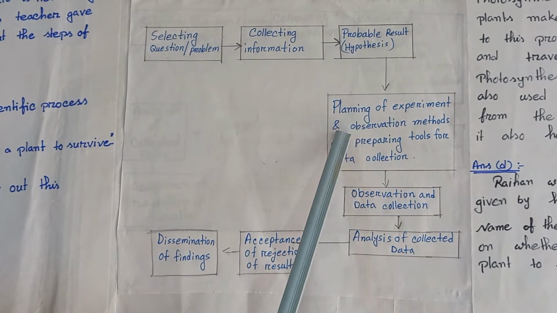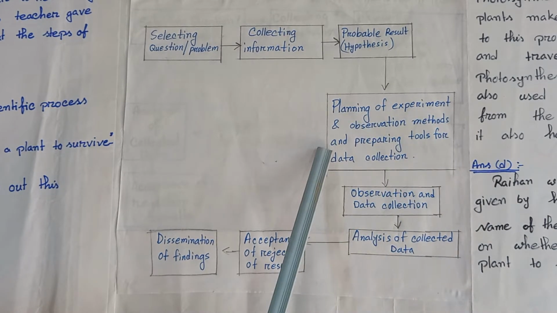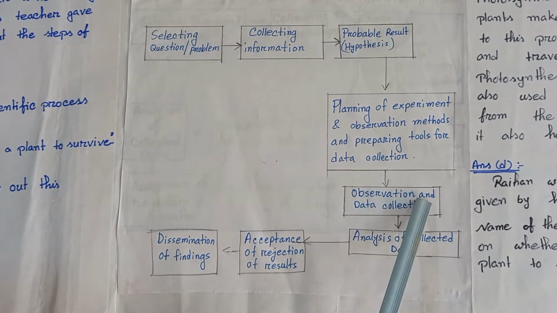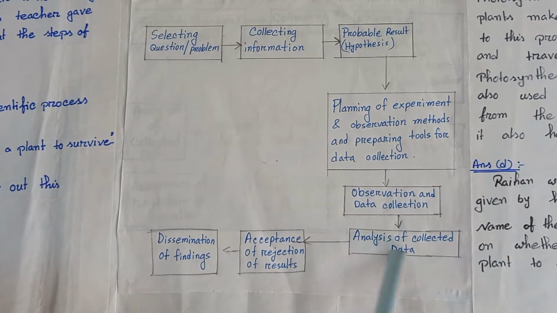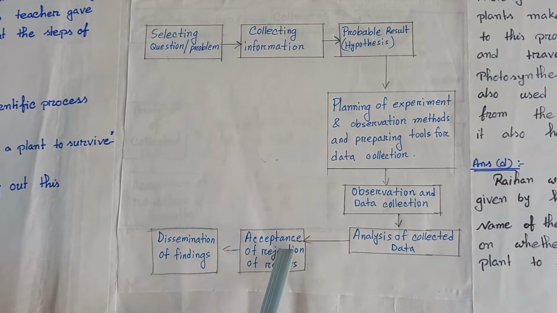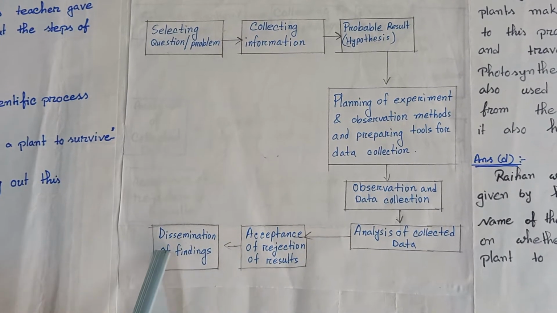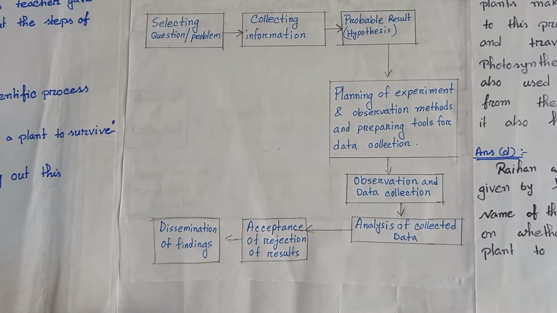And here is planning of experiment and observation, methods and preparing tools for data collection. And here is observation and data collection. And next is analysis of collected data, and next is acceptance or rejection of results. And the last one here is dissemination of findings.